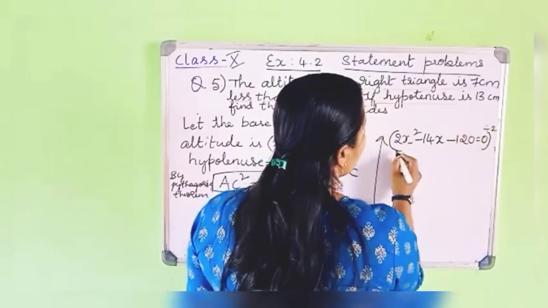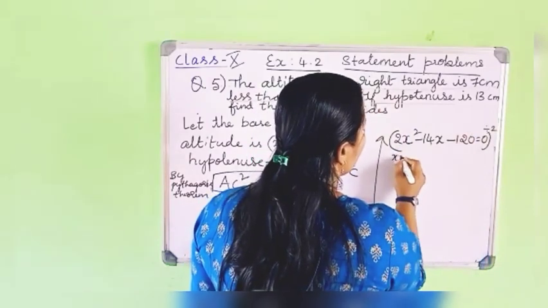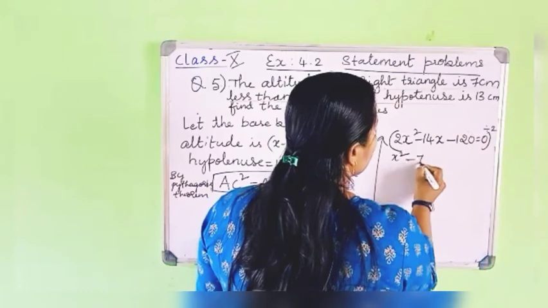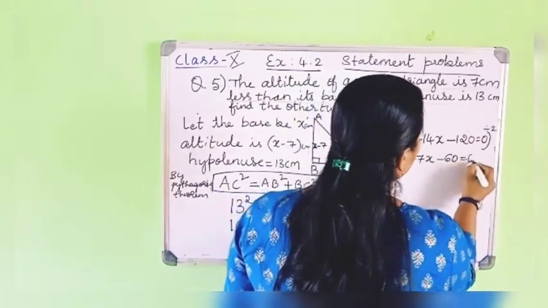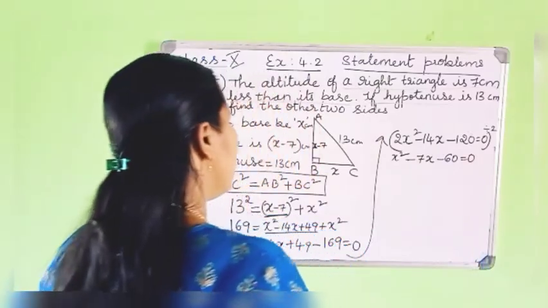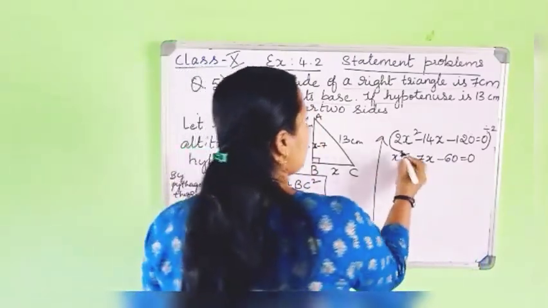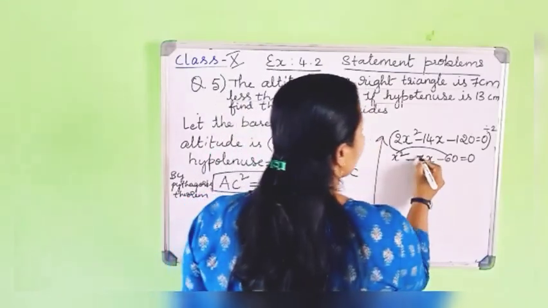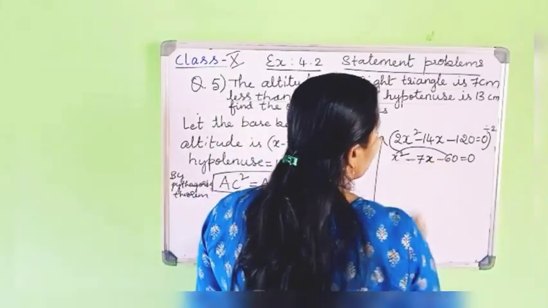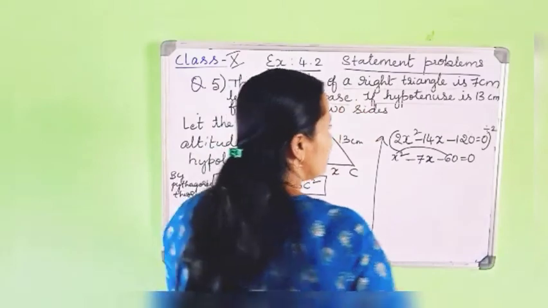Now, when we divide 2x square by 2, you get x square, and 14x becomes minus 7x, and 120 becomes 60, equal to 0. Now, by using the same factorization method, we have to simplify x square minus 7x minus 60 equal to 0.